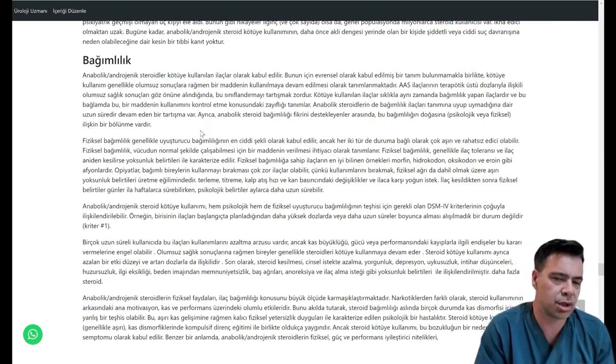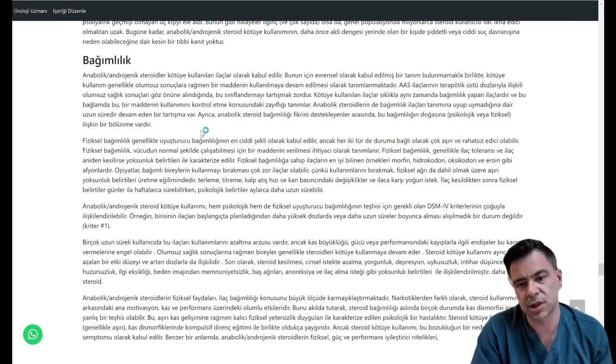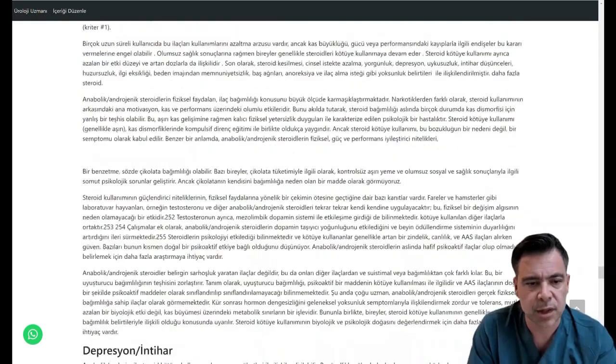Because after using anabolic steroids for a long time, it takes a very long time for the testicles to produce normal levels of testosterone, not those high levels. This can take a very long time, especially if the person has reached a certain age. In the meantime, testosterone replacement therapy can be performed.